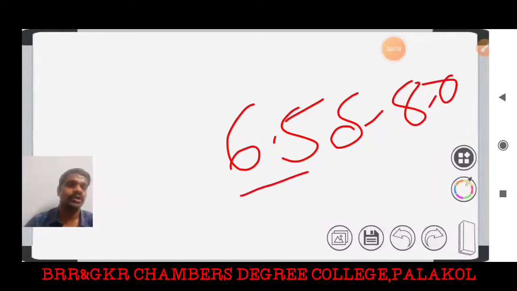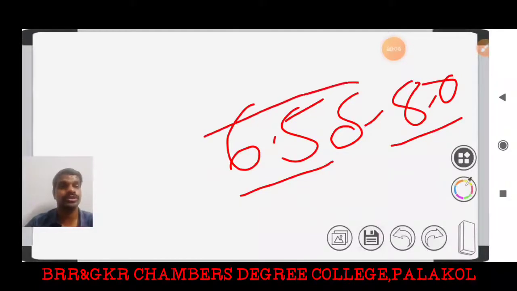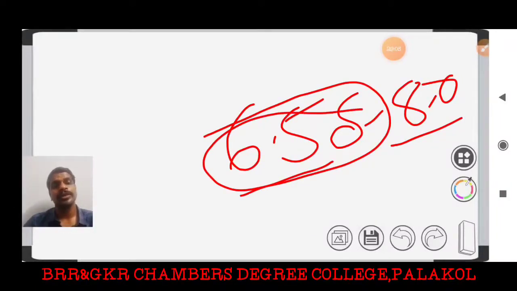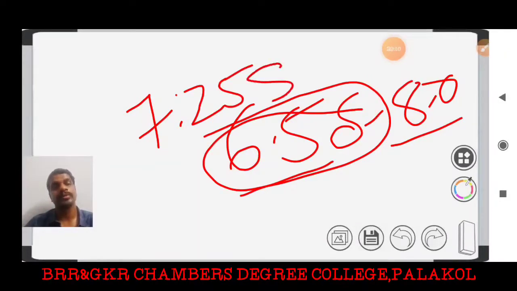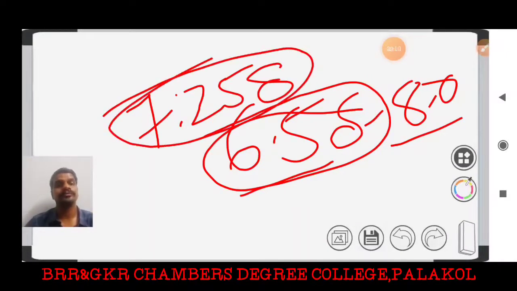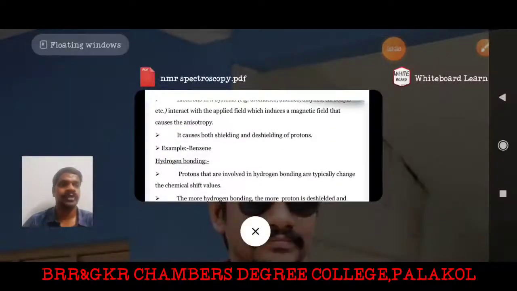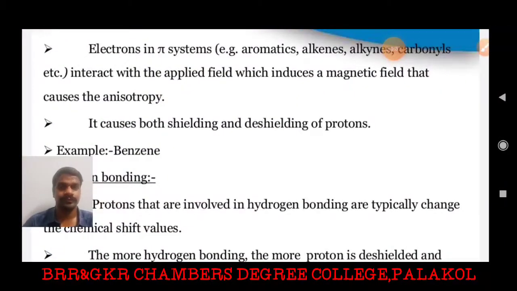The chemical shift value will be based on the substitutions present on the benzene ring. Unsubstituted benzene exhibits a chemical shift value at 7.25, but the usual range of benzene hydrogens is 6.5 delta to 8.0 delta. So it is the application of anisotropy. Due to the anisotropic effect observed in benzene ring, it exhibits high chemical shift values. So this is about magnetic anisotropic effect.